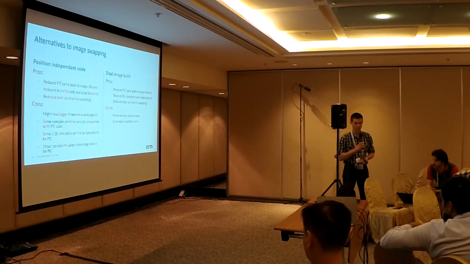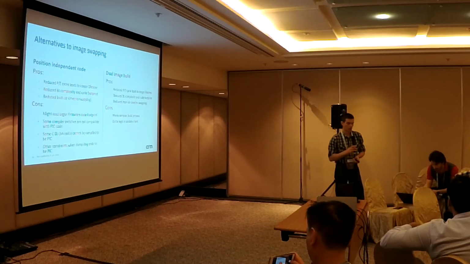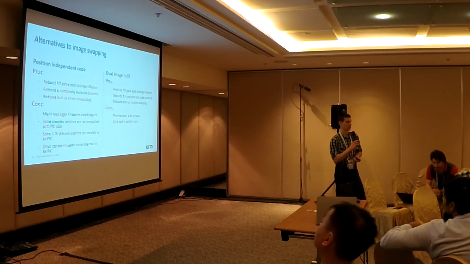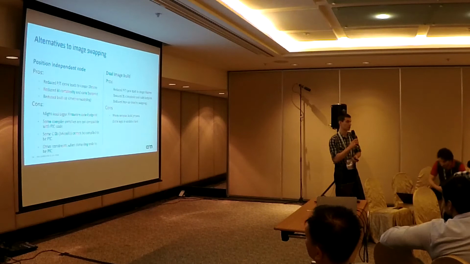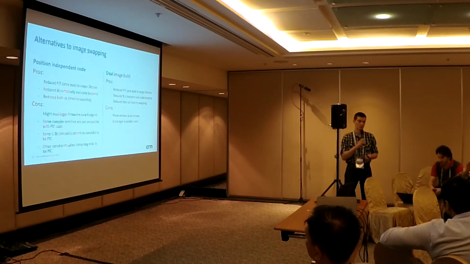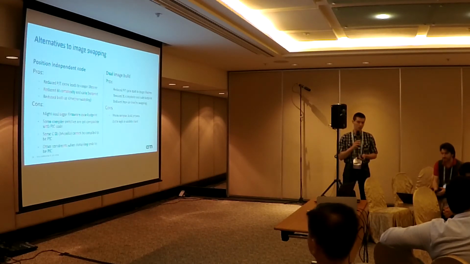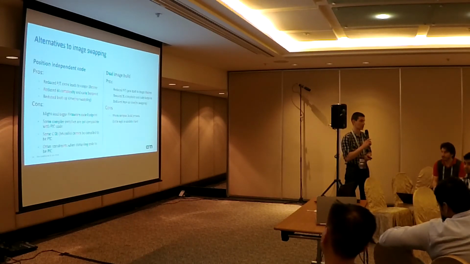Okay, I mentioned that MCUBoot does the image swapping. Actually, this is quite a complicated logic in the code, and the biggest part of the code beside the crypto library is the image swapping. If your device is a constrained one, you might want to avoid that, so you want to achieve minimal code size on your device.